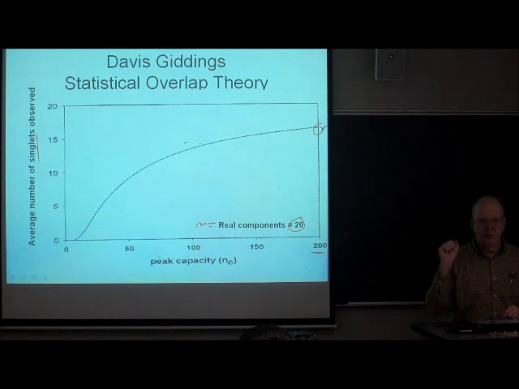Mother Nature throws a random mixture at you. It's your job to arrange those peaks by changing the column type, by changing the mobile phase composition, by changing the temperature, by doing the right temperature program, by doing the right gradient elution program. That's where the work is.